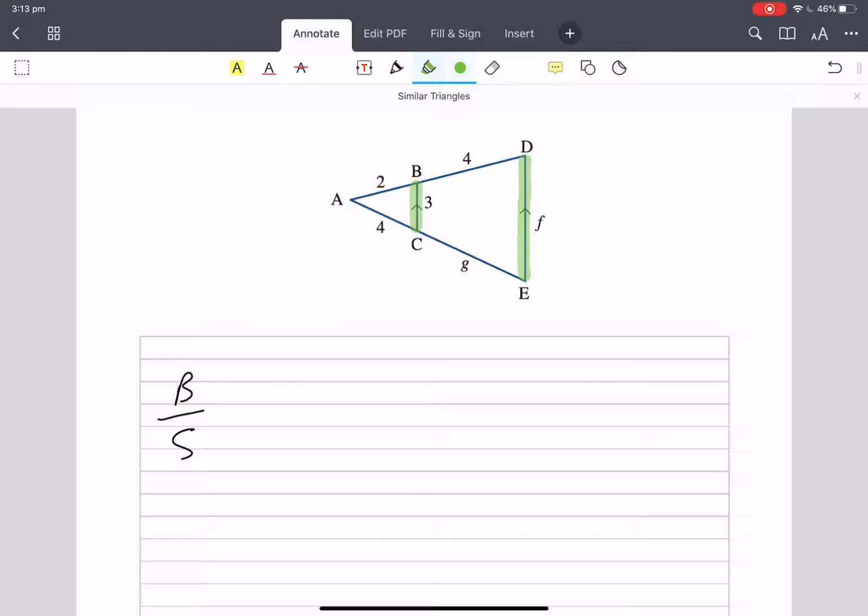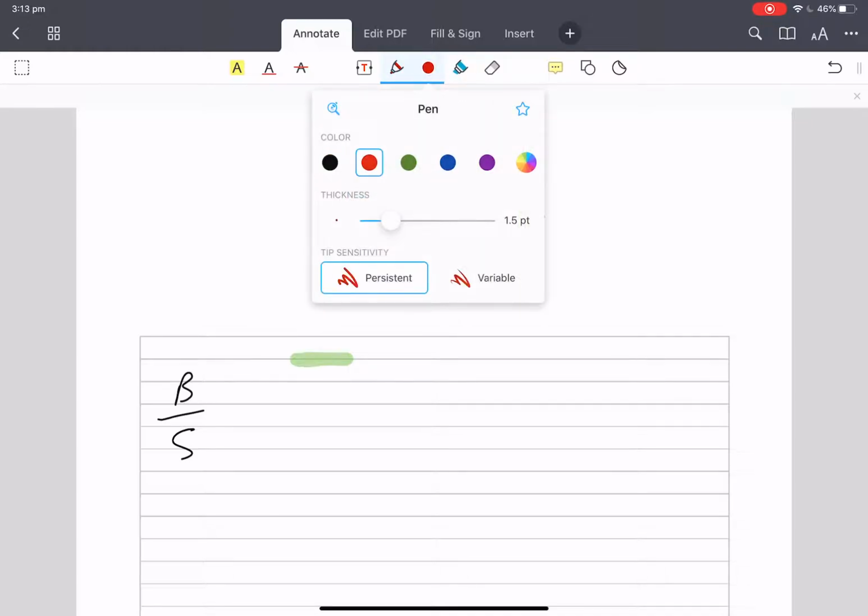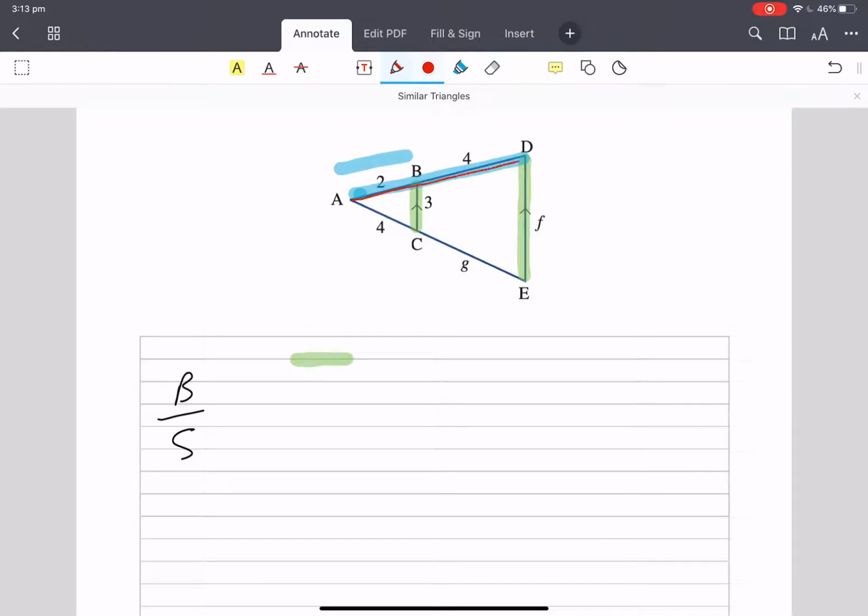So I need a ratio for green. Okay. Let's get a different colour. That's from the big triangle, and that's the same side in the blue triangle. So, from the big triangle, that is the number 6. So let's just go back to here.